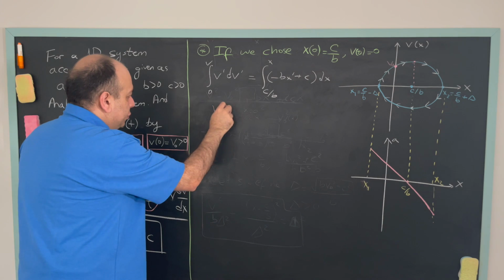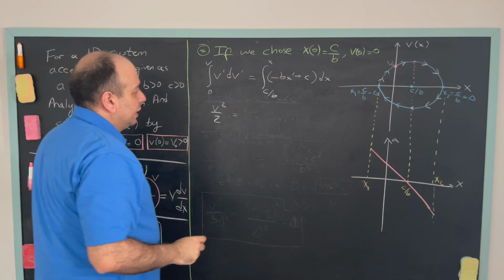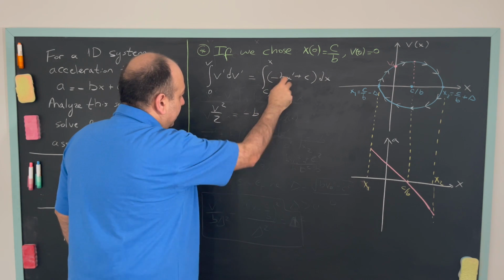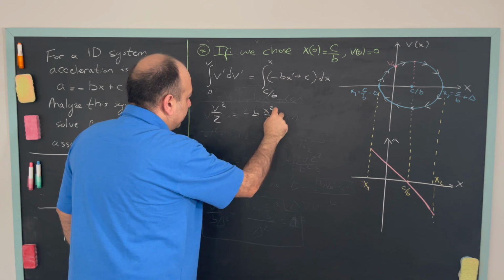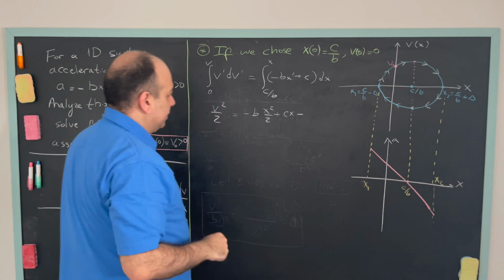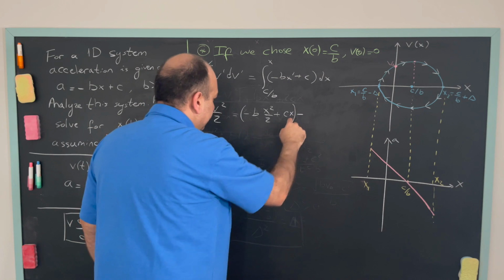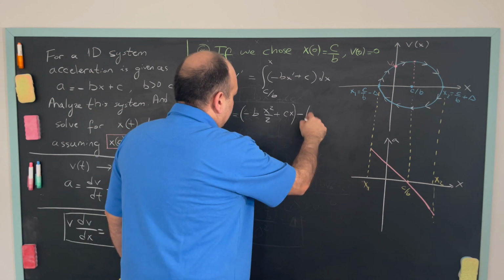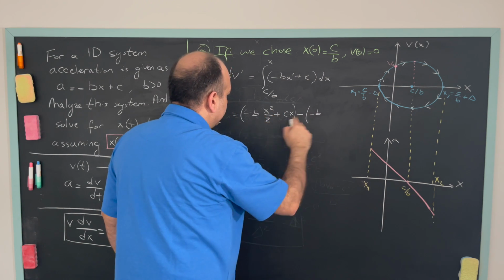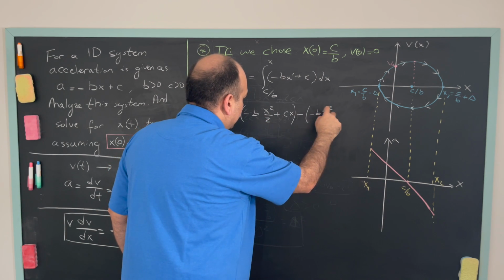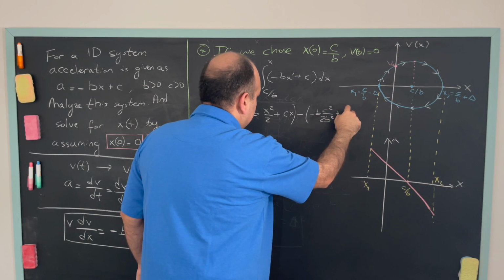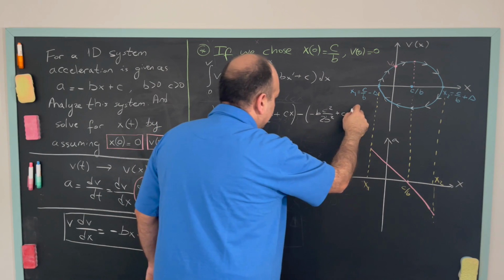So this gives me v squared over 2 on this side. And on this side I get minus b x squared over 2 plus cx, minus the value at the upper limit: minus b times c squared over b squared over 2, plus c times x, which is c over b.